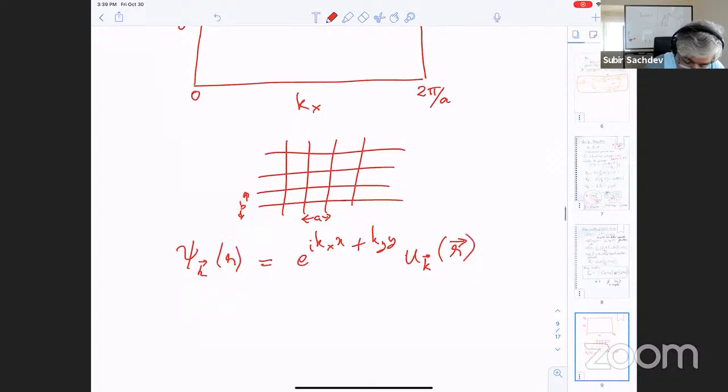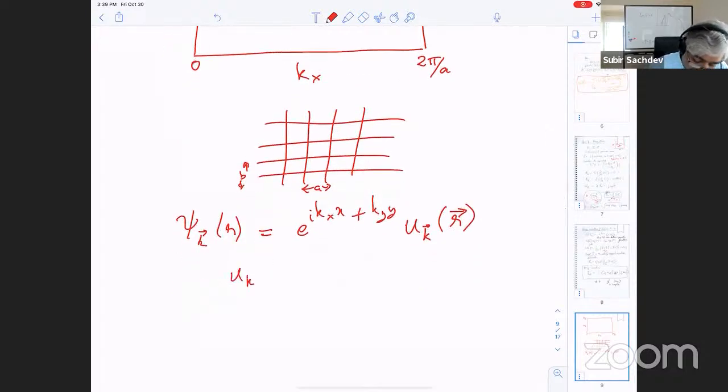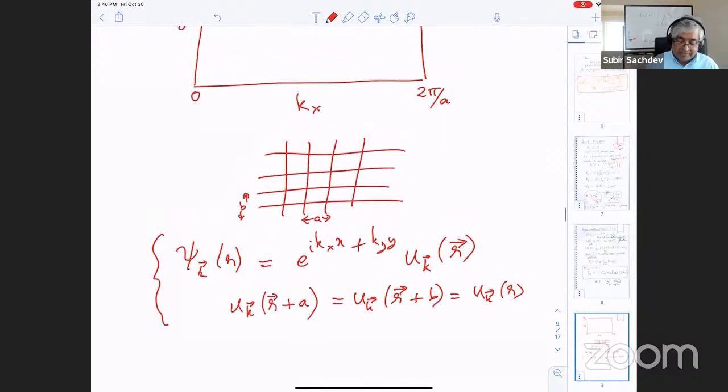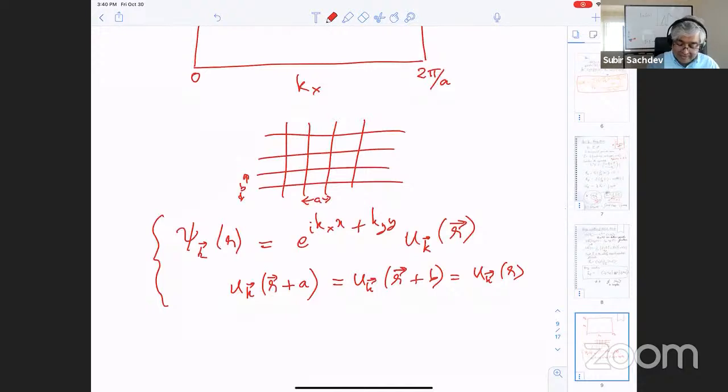And this u obeys the conditions u_k of r plus a equals u_k of r plus b in the y direction is just u_k of r. This is the content of Bloch's theorem, that every eigenstate of the Hamiltonian with a periodic potential can be written in this way. It's some plane wave times a periodic function.